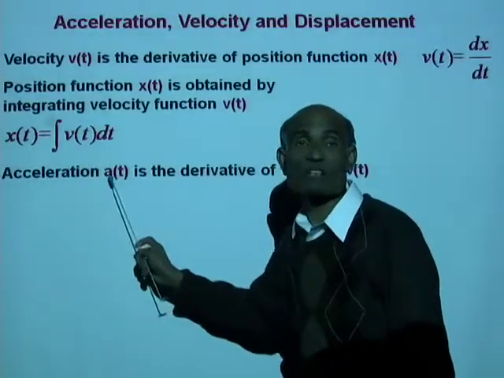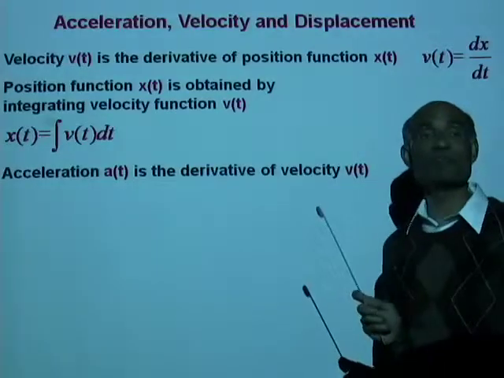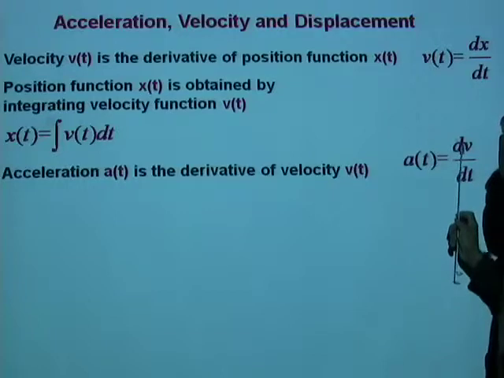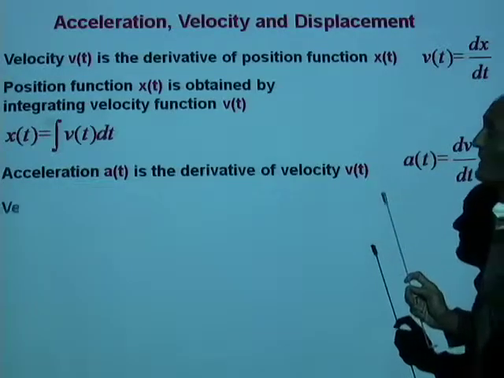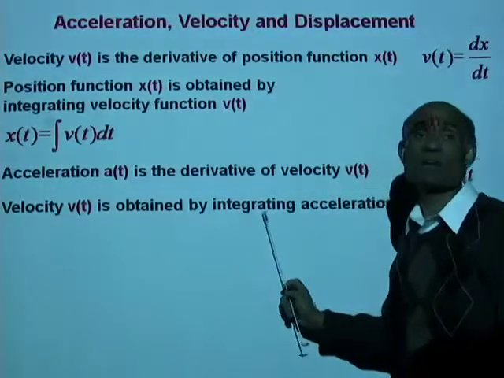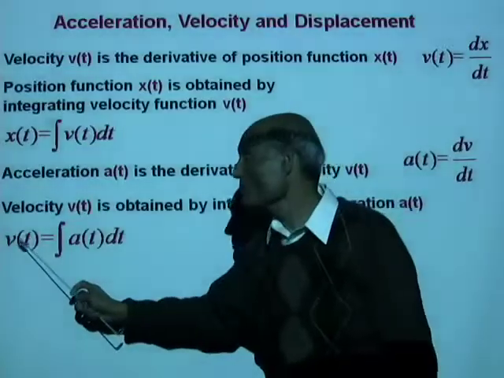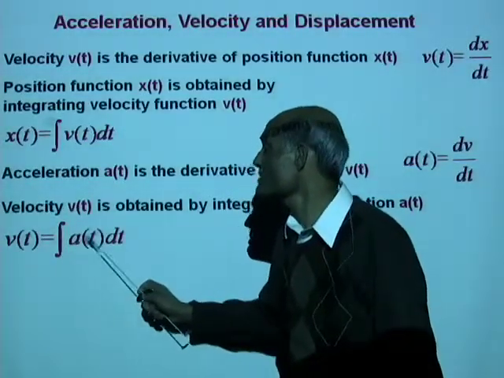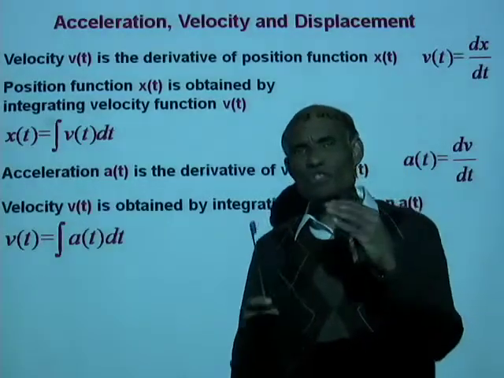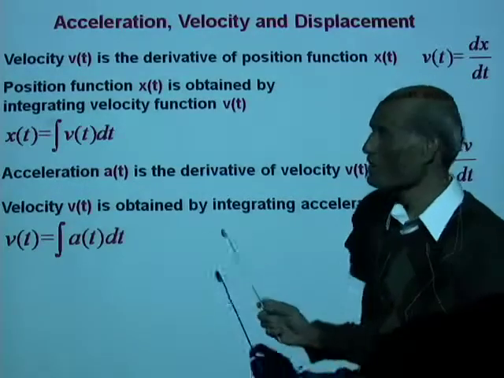Similarly, acceleration a of t is the derivative of the velocity function v of t. a of t is dv over dt. That means velocity v of t can be obtained by integrating the acceleration a of t, or v of t equals the integral of a of t dt. Well, I hope you understand that concept fairly well. You need to understand that concept in order to do problems.